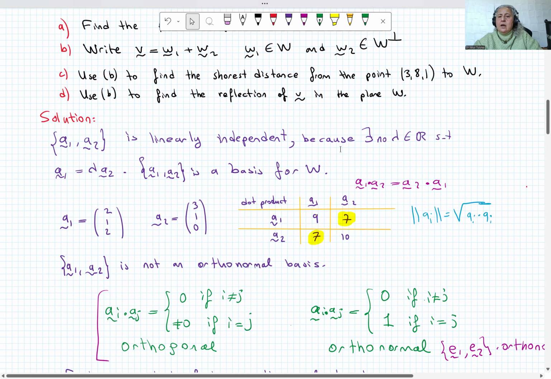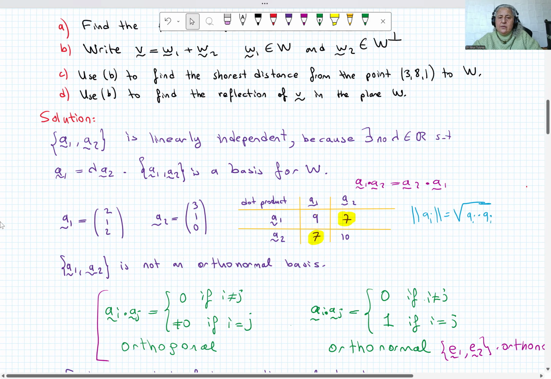I always advise doing this with a table. In the table, you have vectors A1, A2 against A1, A2. You don't need to calculate everything, because the dot product is commutative, so A1 dot A2 is equal to A2 dot A1.